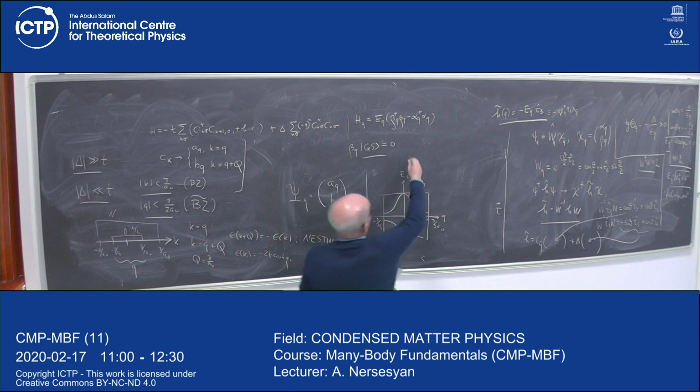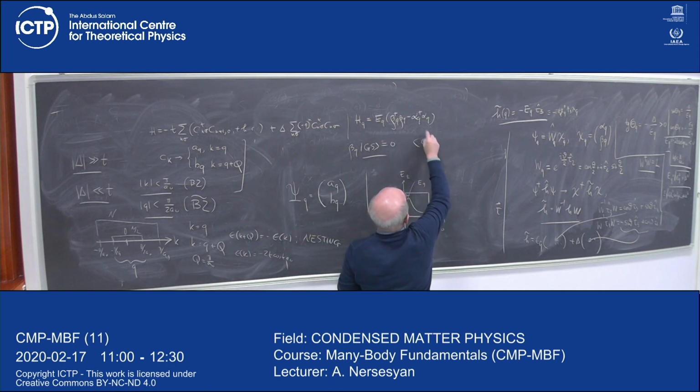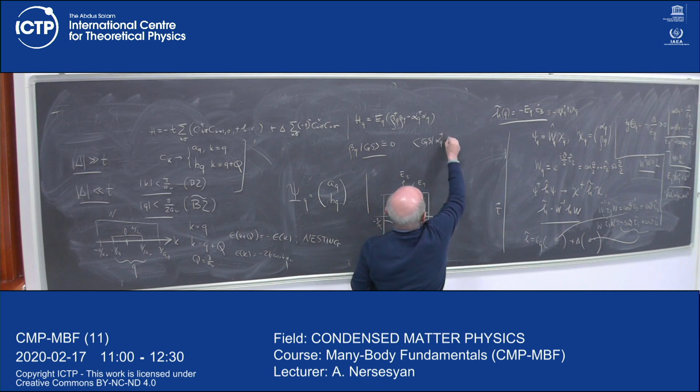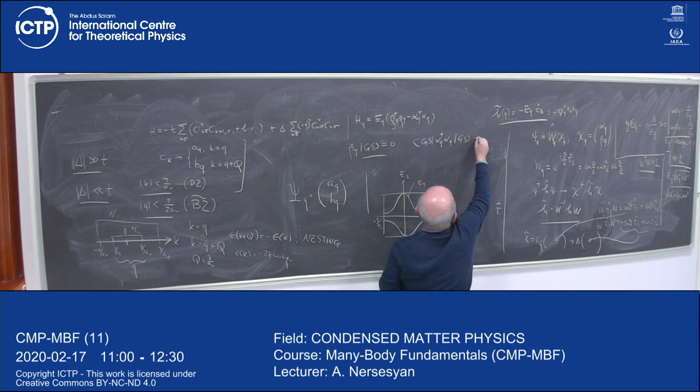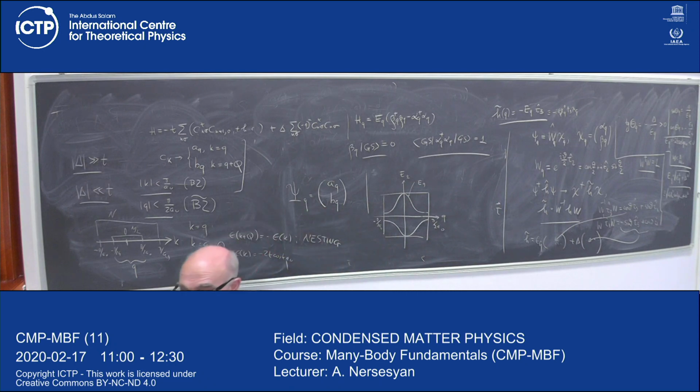On the other hand, for the alpha particles, we have precisely this result, ensured by the fact that each Q state in the lower band should be occupied. But that gives you a prescription for how to calculate any quantities in the ground state.